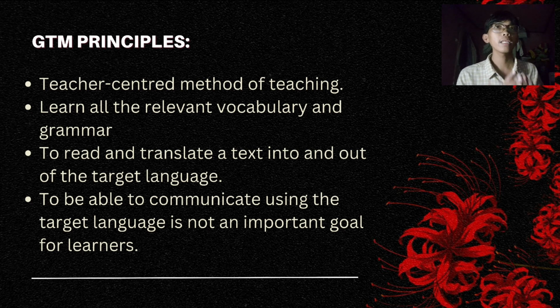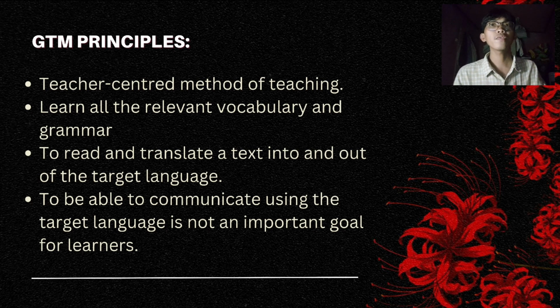And learners do not play any active role, and there is little learner interaction. All right. The literary language is superior to the spoken language. Learning a language consists of being able to read and translate a text into and out of the target language.